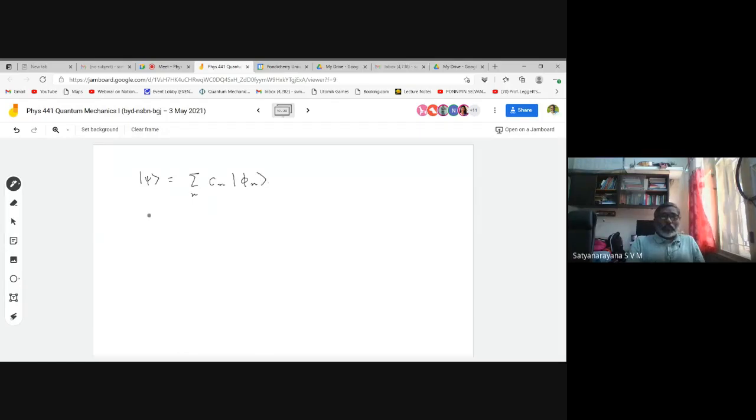Now the Cn is a sequence of complex numbers. This psi has to be normalized. It implies my sum over n of |Cn|^2, with infinitely many terms, has to be less than infinity. That means this must be square summable. Right? So only if it is square summable can this psi be normalized.